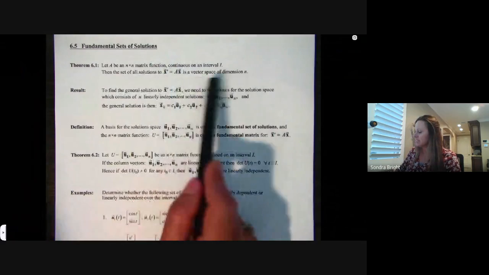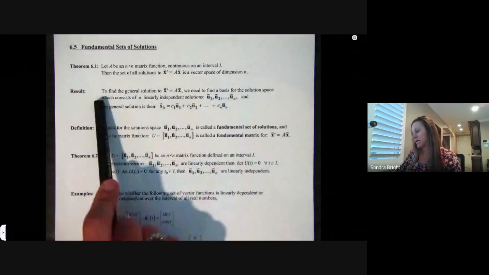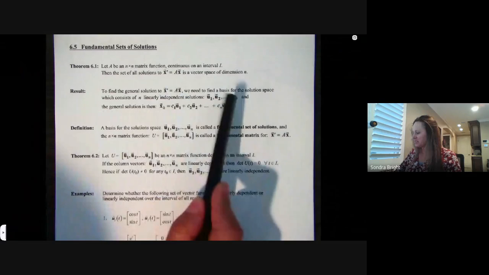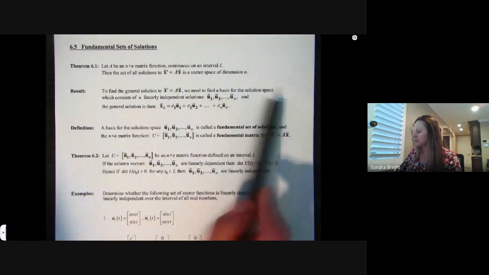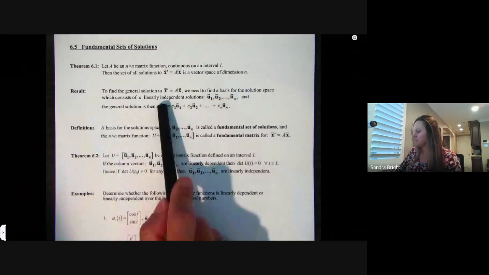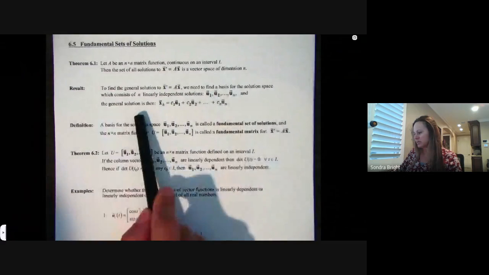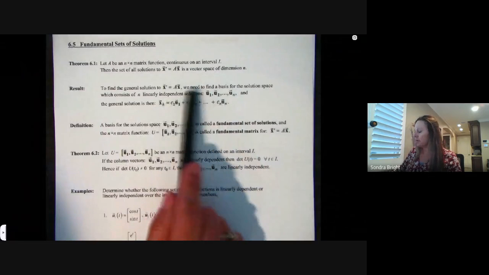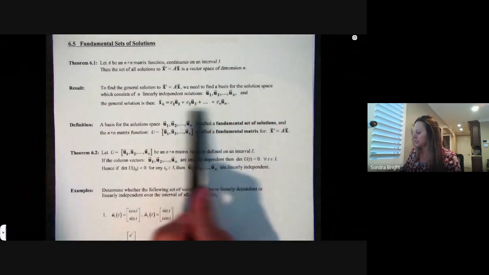The result of this is that to find the general solution to x prime equals A times x, we need to find a basis, remember that word, for the solution space, which consists of n linearly independent solutions, u1, u2, through un. The general solution, this would be the homogeneous solution because there wasn't a plus b or whatever, is a linear combination of these linearly independent solutions.